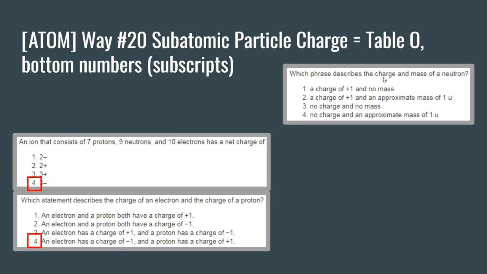But you know that the charge of a neutron is neutral because it has 0 as its subscript. Therefore, the correct answer has to be 4. No charge, and the mass indicated by the top number on Table O is 1. Therefore, it has a mass of 1 AMU, 1 atomic mass unit. So the answer is 4. You should have been able to eliminate 1 and 2 because neutrons are neutral.